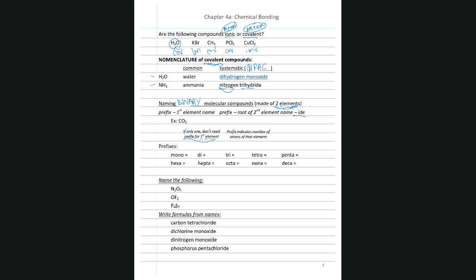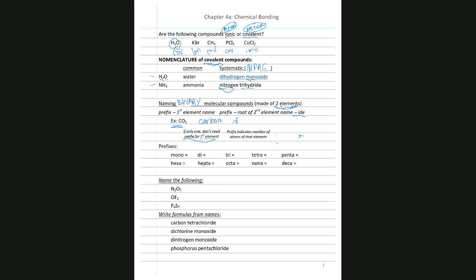So for water, H2O, we have dihydrogen, there's 2 hydrogens, and 1 monoxide. For carbon dioxide, carbon doesn't need the prefix mono because it's the first element, and that's the exception to the prefix rule. The second element is oxygen. There's 2 of them, so we use the prefix di for 2.